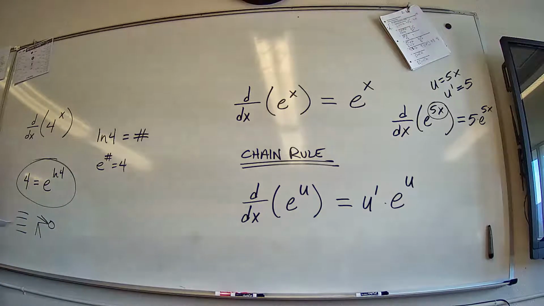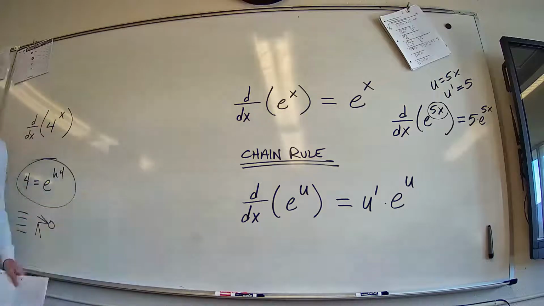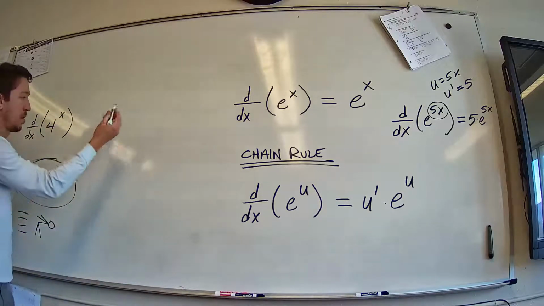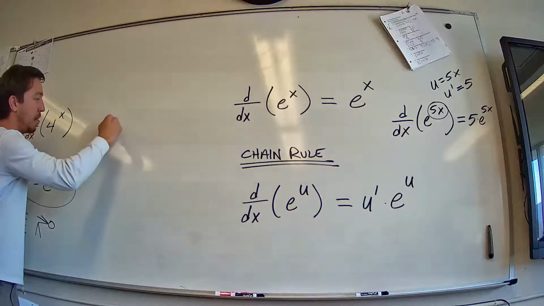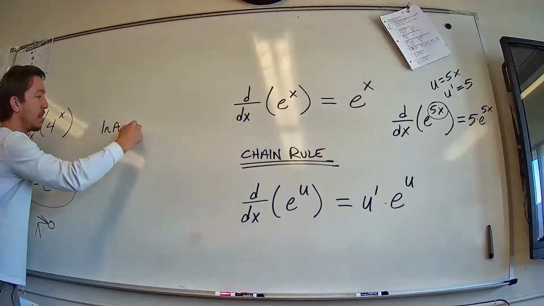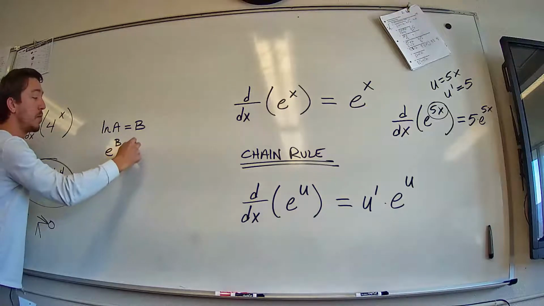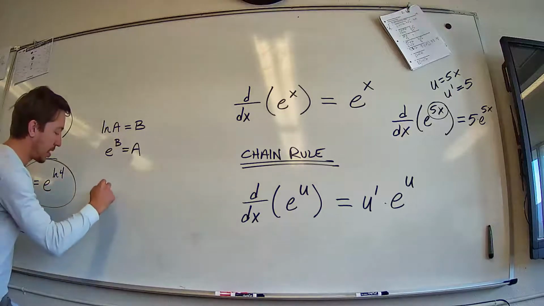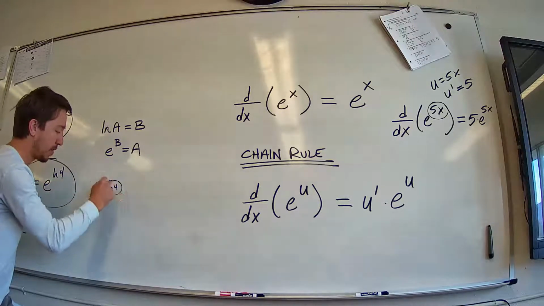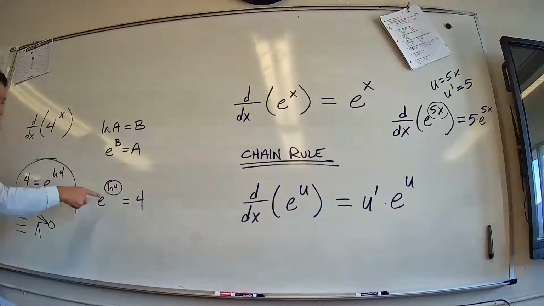I'll give you one more brief explanation of it, just for the sake of review here. This is a really central concept. The natural log of a is equal to b is the same thing as writing e to the b power equals a. So if I write e to the natural log of 4 equals 4, I could rearrange that.